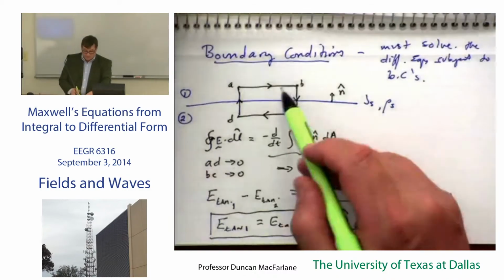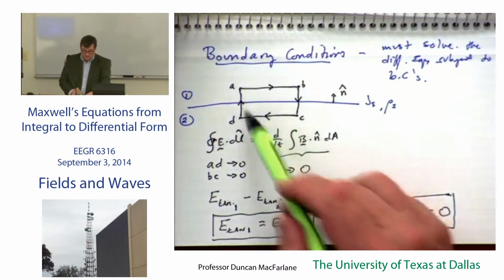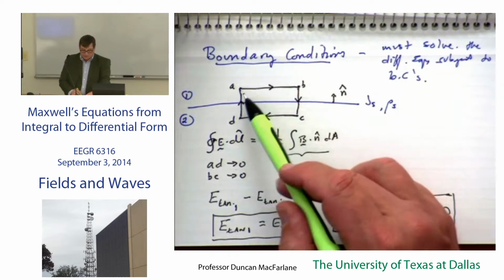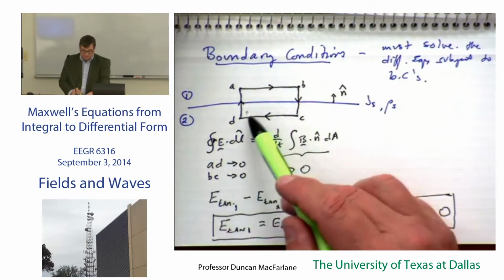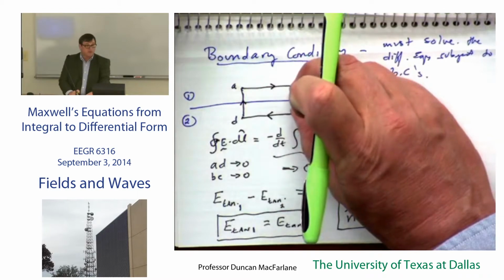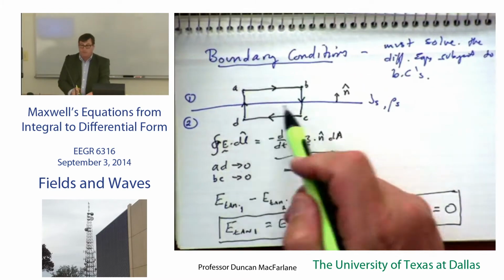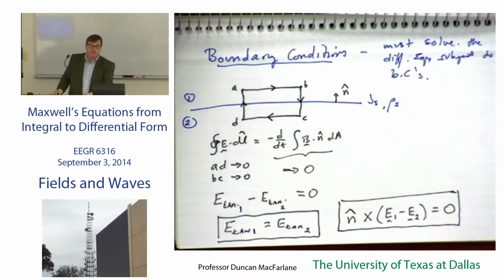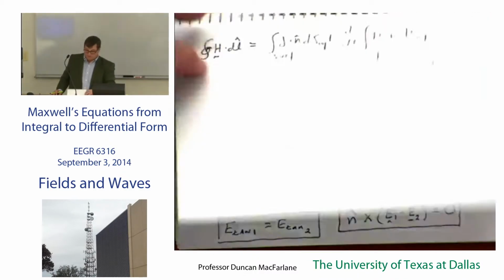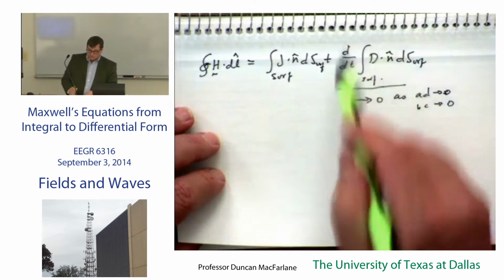D dot n dA, B dot n dA, d by dt of each of those. Don't care what happens up here, don't care what happens up here, as these get shrunk. My butterfly net is infinitesimally small. It's not going to capture any of that D field. So this whole term is going to go to 0.